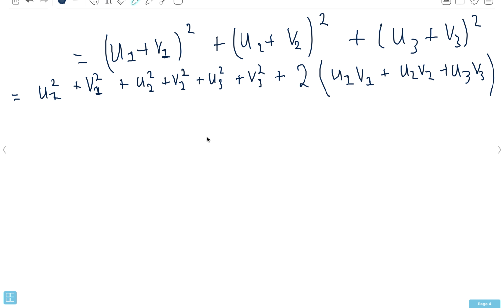Handwriting is so terrible. Okay, so if I then put the u's together, I have u1 squared plus u2 squared plus u3 squared plus v1 squared and so on.